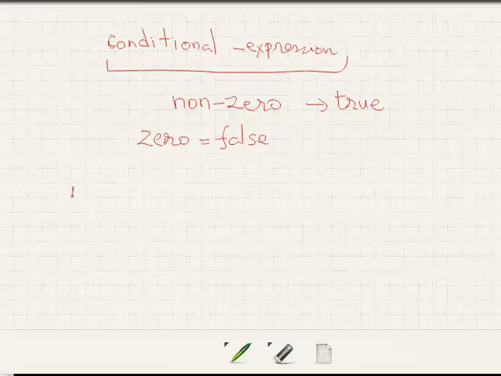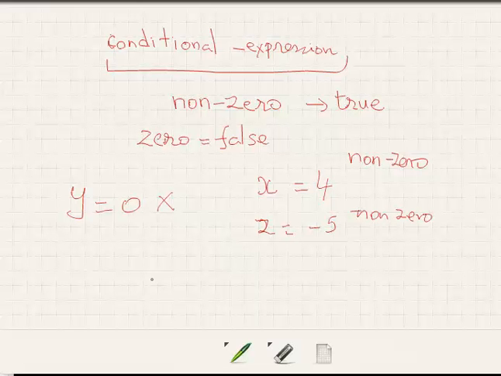Alright, y was 0, so it did not print, whereas it printed x because it is 4, that is non-zero. It printed z, which is minus 5, because it's non-zero.